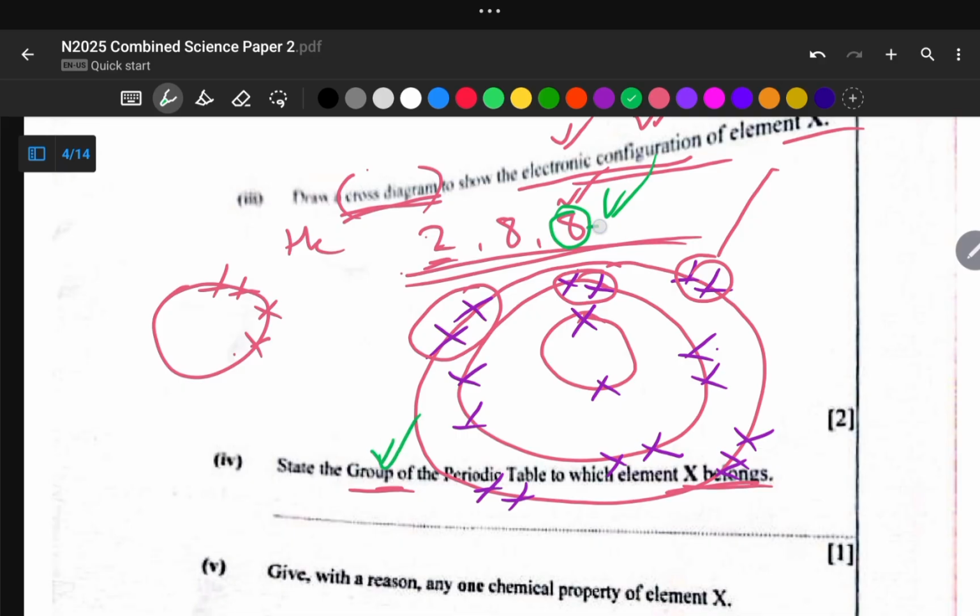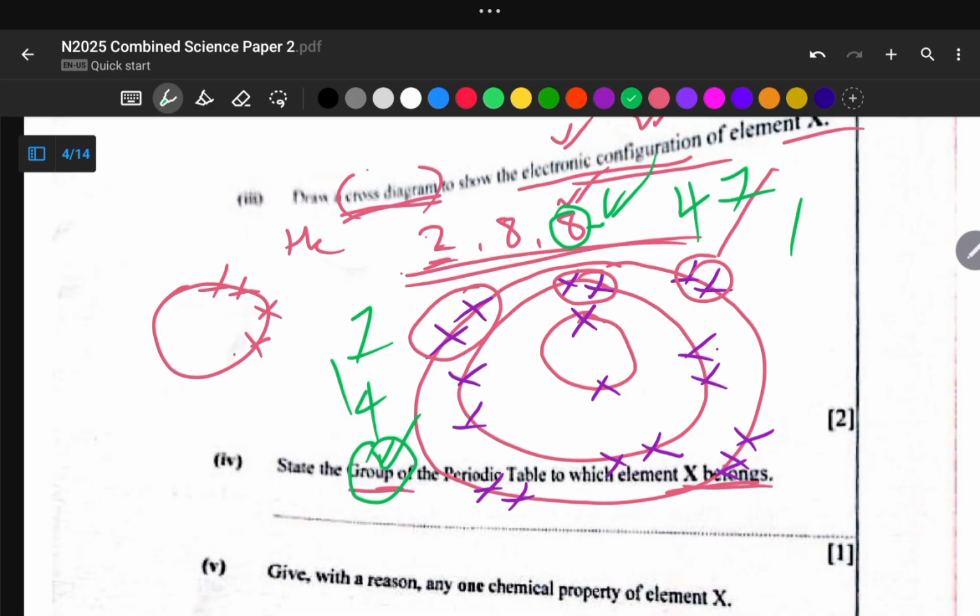So if you are having 8 here, the group number is equal to 8. If you are to have 4 here, the group number 4. If you are to have 7, the group number 7, 1, group number 1. This is the easiest way to have the group number using the electronic configuration, right?